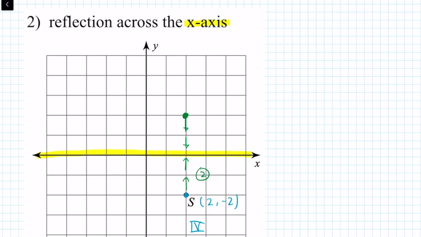And so our new point, S prime, meaning that we changed it, is now going to be at 2, 2. And notice the change of the y value in the coordinate. We've gone from being in the 4th quadrant to now being in the 1st.